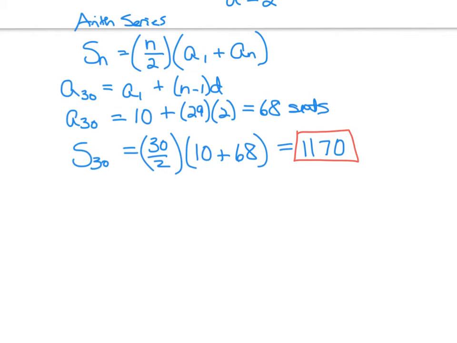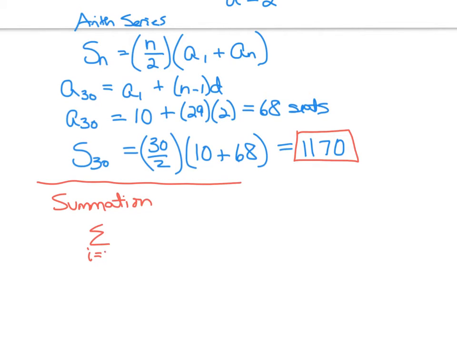Now, just like the previous problem, there's also a way to represent this in what we call summation notation. So I want to just briefly talk about this. Our summation notation is our sigma, and we're going to call I the row number that we're on.